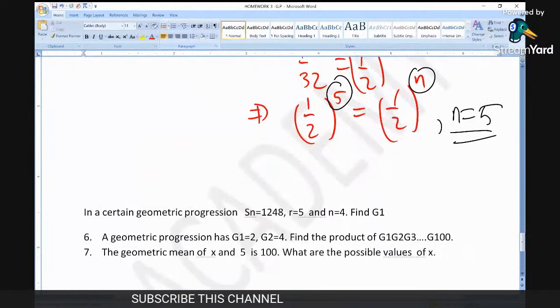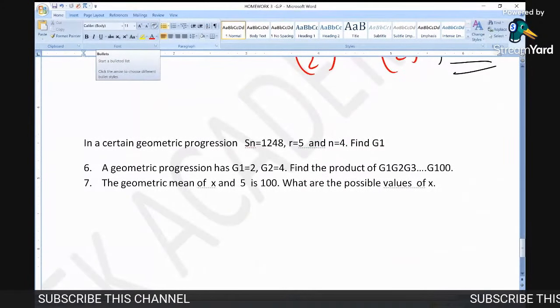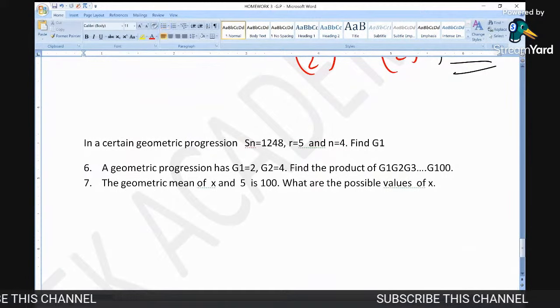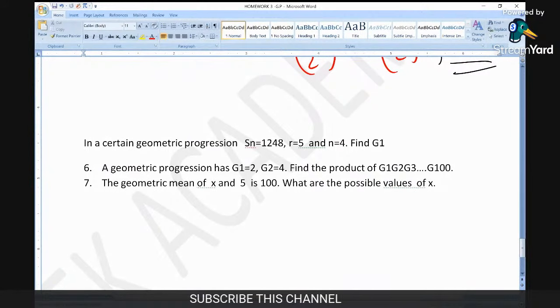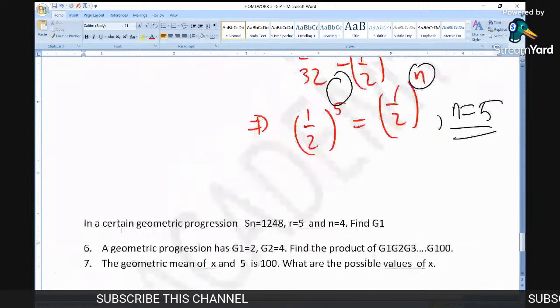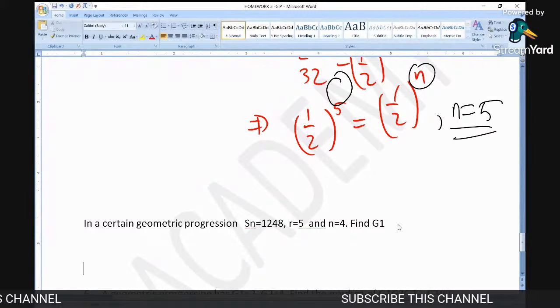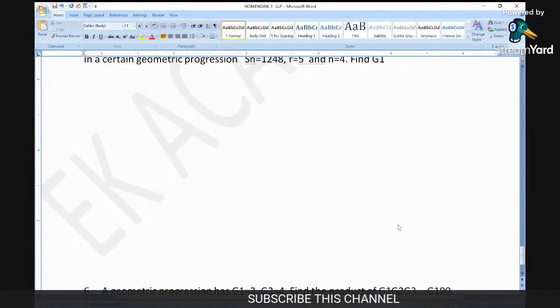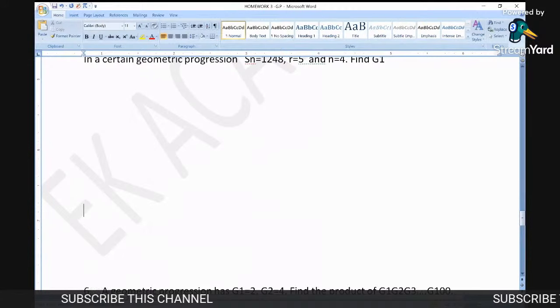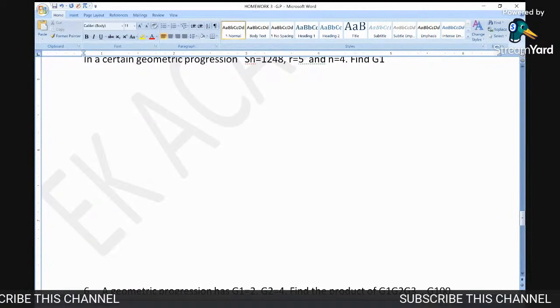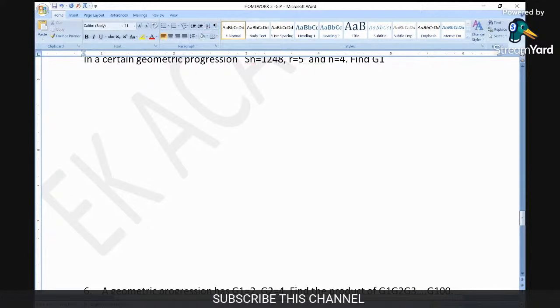The next question. Here it is. In a certain progression, Sn equals 1248.